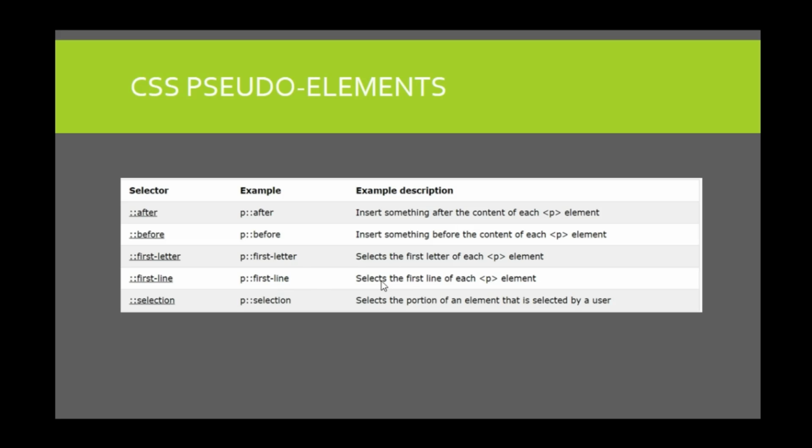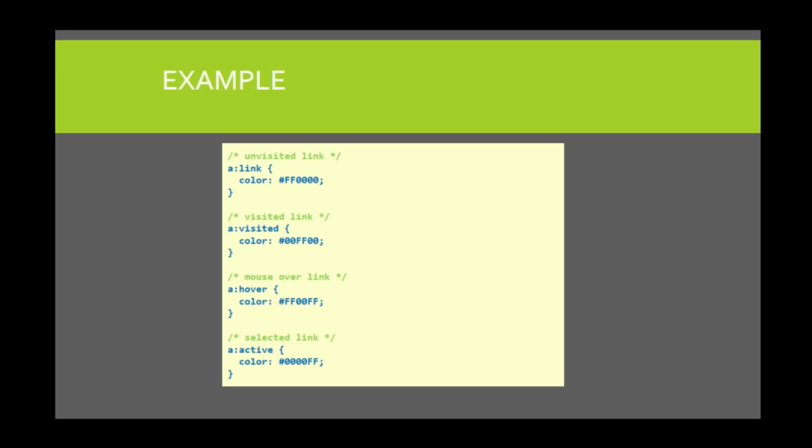P first line selects the first line of the P element. And P selection selects the portion of an element that is selected by a user. So these are the selectors that can be used for pseudo elements. For example here, you can have unvisited, visited, mouse over the link, and selected link. This one refers to pseudo classes.